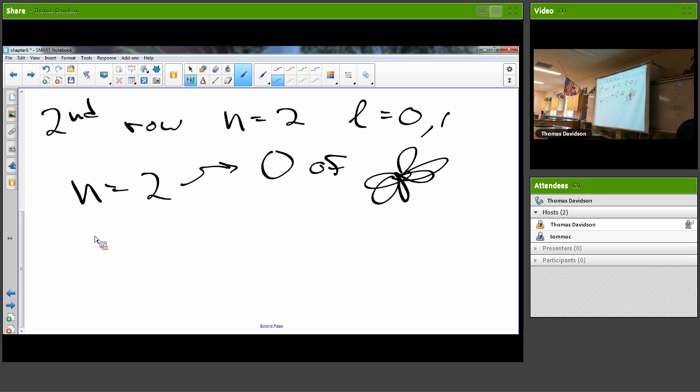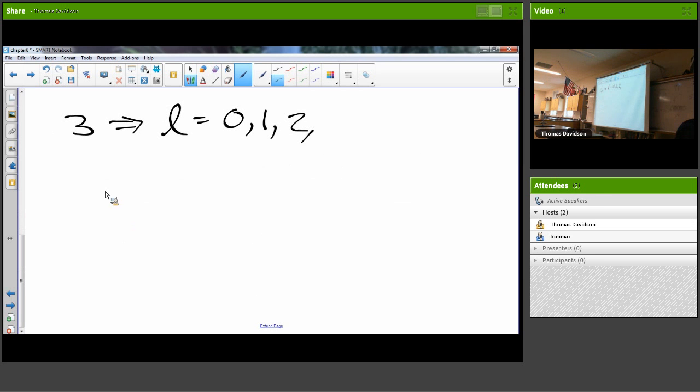If I'm in the third row, what are the allowed values of L? Which would mean in the third row, I could have S, P's, and D's. You okay with that? The D clouds are the 4-leaf clover ones, and there's 5 of them, and there's a reason why. How many P clouds are there?